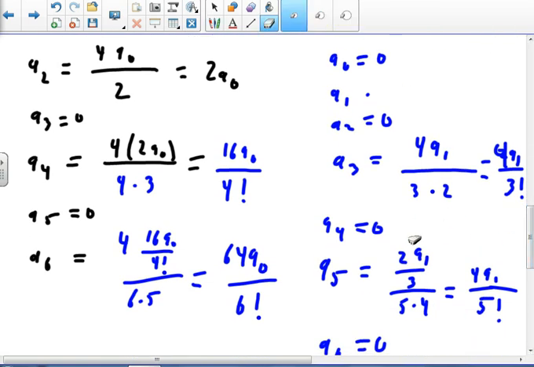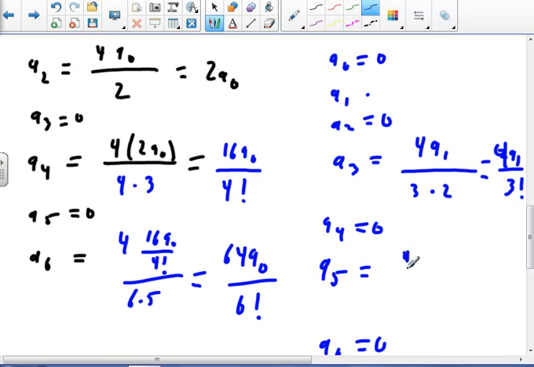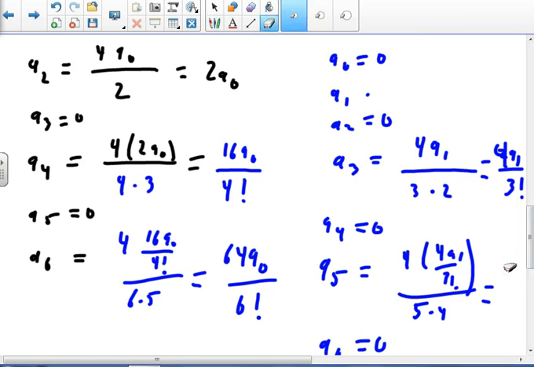This is a 4 times 4a1 over 3 factorial times 5 times 4. So this is 16 a1 over 5 factorial.